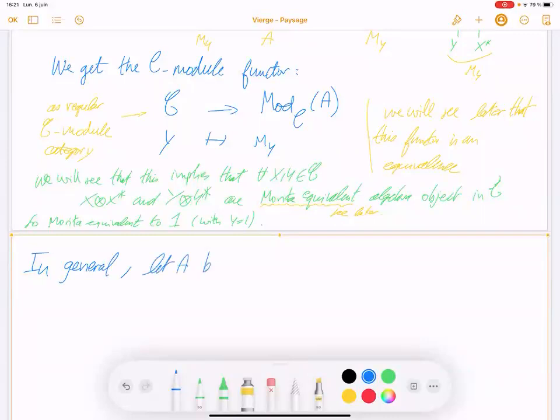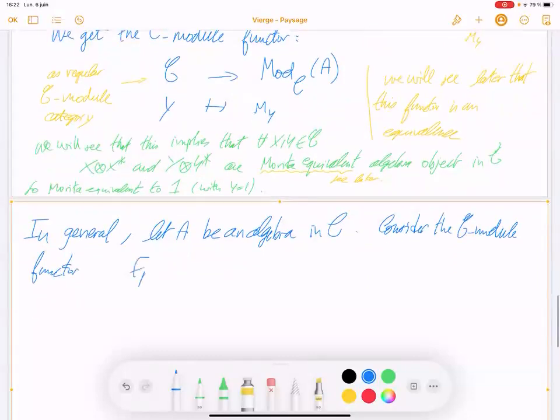Let A be an algebra object in C. Consider the C-module functor Fa from C to mod CA, X maps to X tensor A.